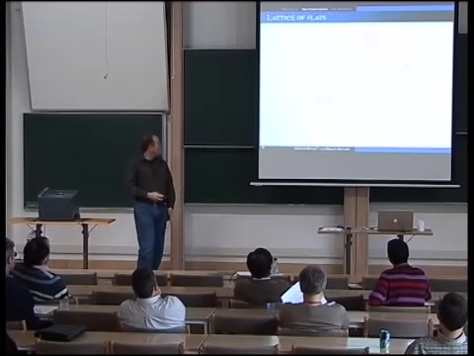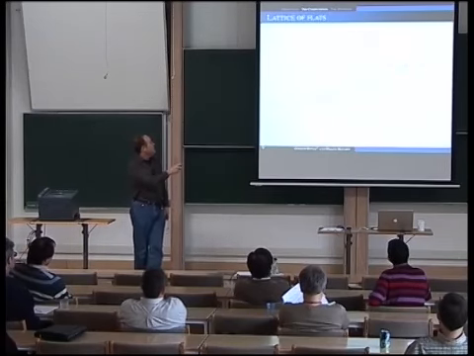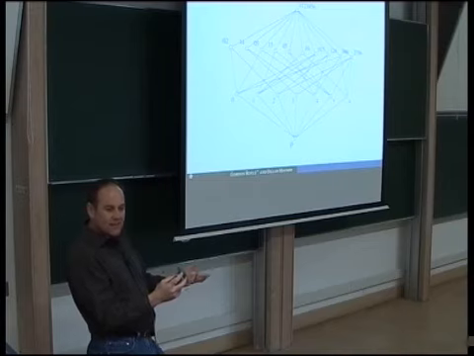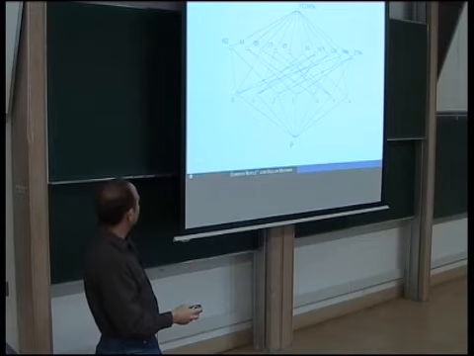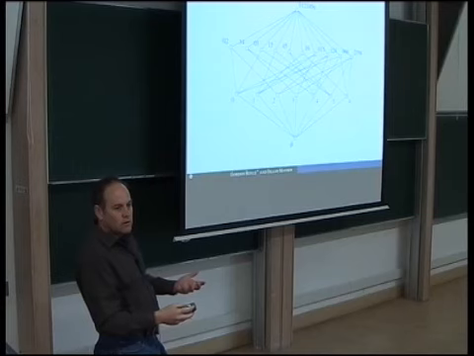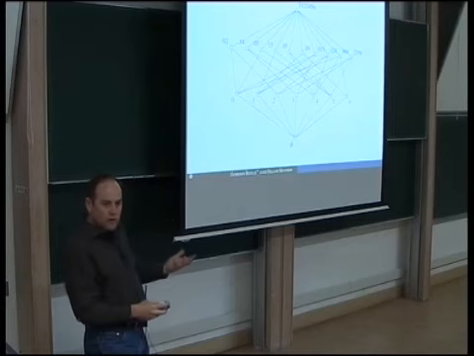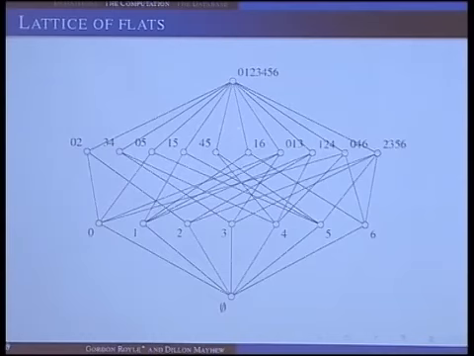Well, there's a matroid. The flats are the maximum subsets of each given rank. So these are all the rank 1 flats. These are all the rank 2 flats. And this is rank 3. This tells you the rank of any set, because if we want to know the rank of, say, 163, well, 16 has rank 2.